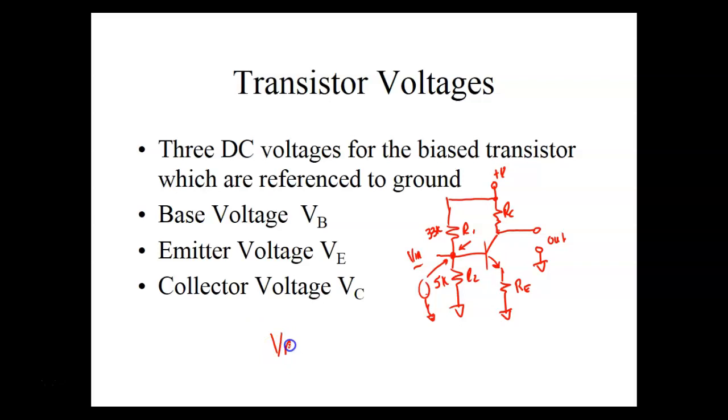So what would VB be equal to? You already know how to calculate that. It's a series circuit, guys. We're calculating the voltage drop across the 5K. That's what we're doing. Gave you two resistors, gave you the size of the two resistors.